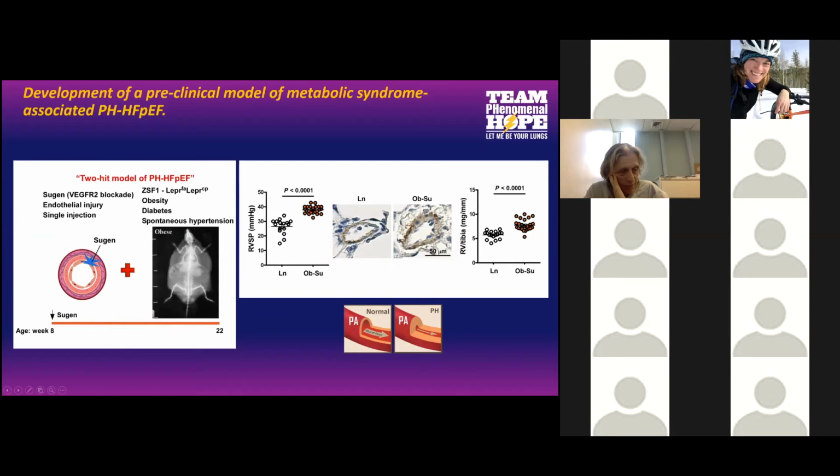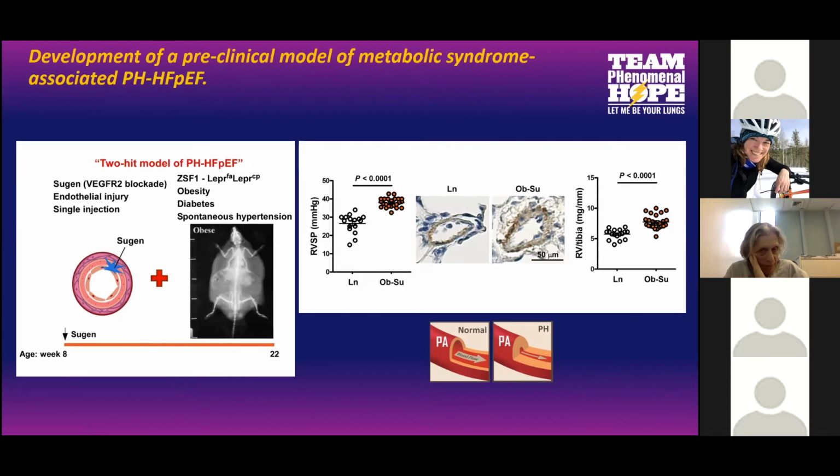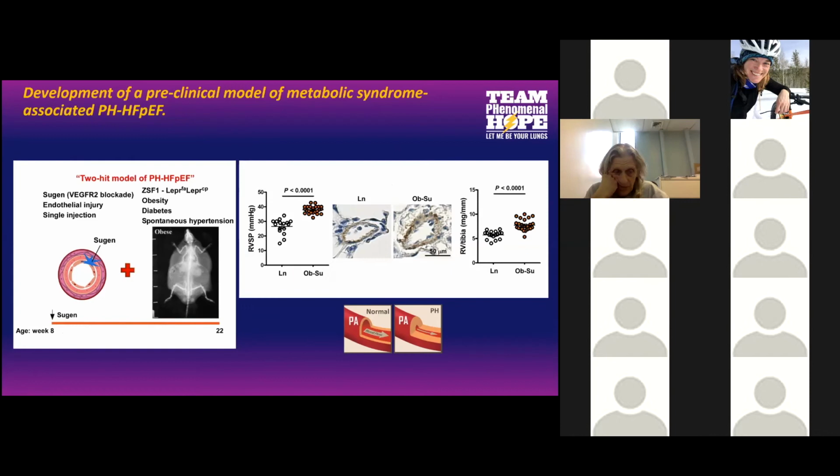We also checked their left side heart. They have a bigger left side heart, they also have diastolic dysfunction in their left side heart, and they also have preserved ejection fraction. So pretty much this animal model recapitulates the majority of the features shown in patients with PH-HFpEF.